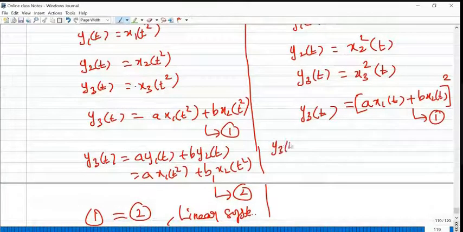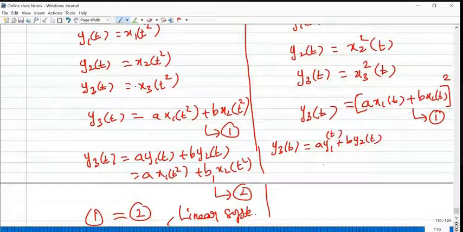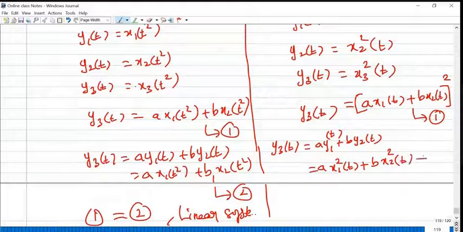Then the output of the system y3 should be equal to a y1 plus b y2 of t. So in this problem, y1 of t equal to x1 square of t, y2 of t equal to x2 square of t. So see here, a x1 plus b x2 whole square.